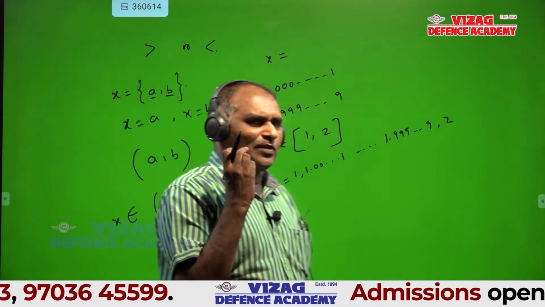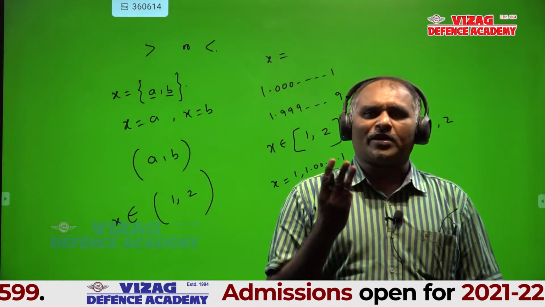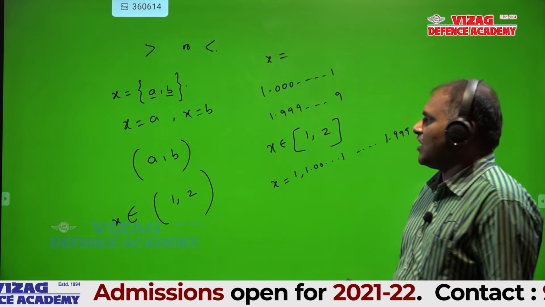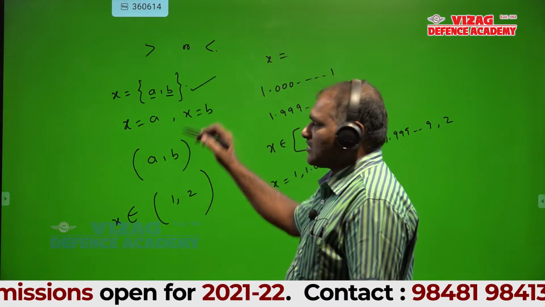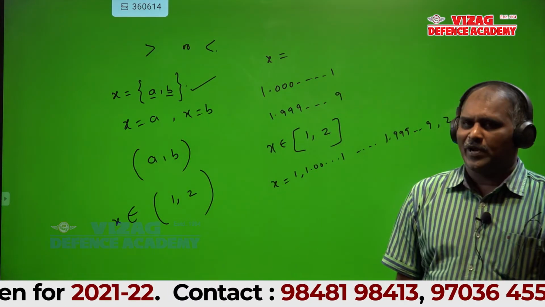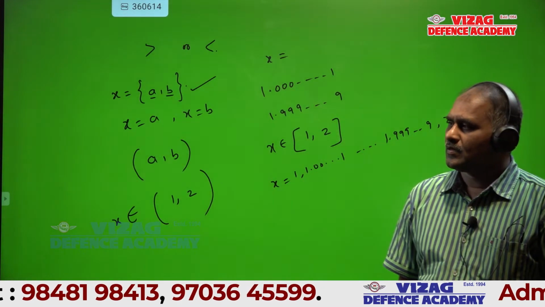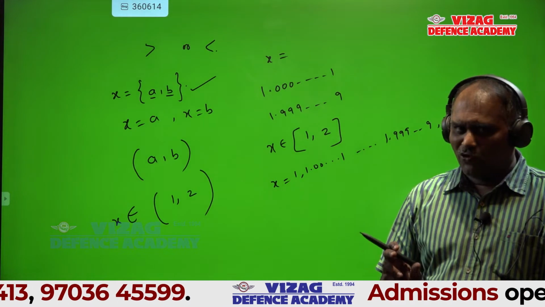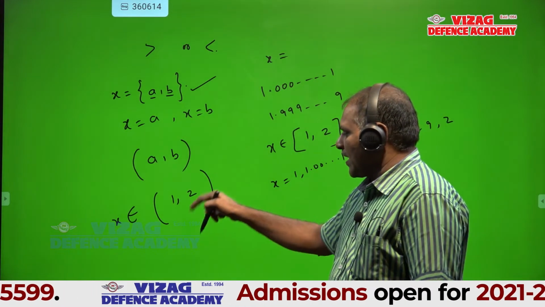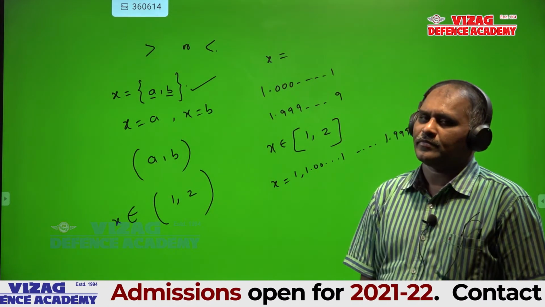There are 3 types of brackets. What are the 3 types of brackets? First, curly brackets. What is the meaning of curly brackets? Only the two values. What is the open bracket?